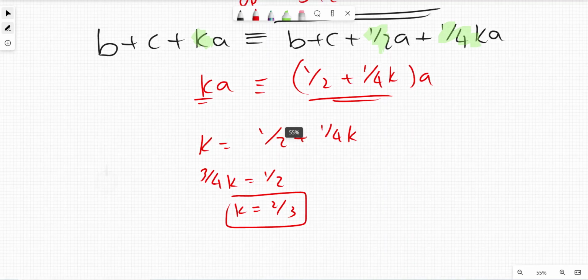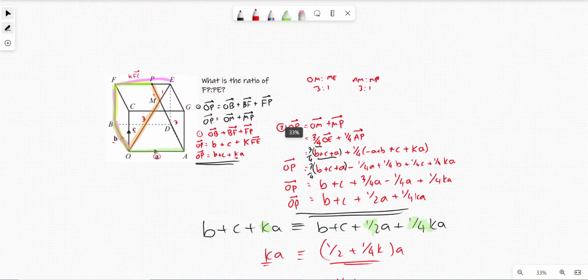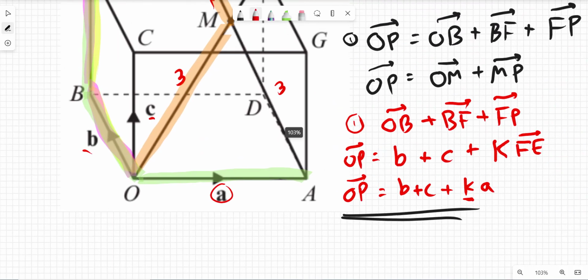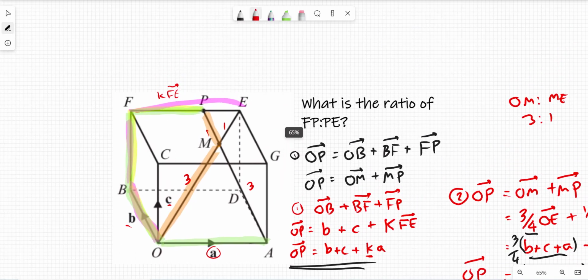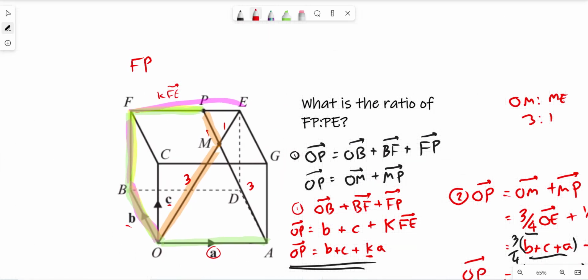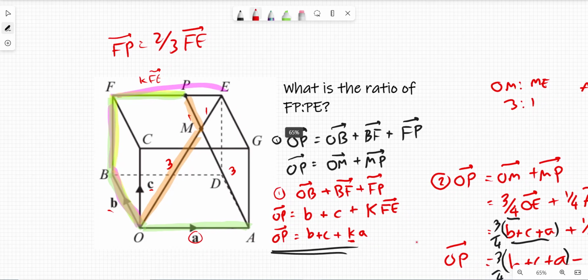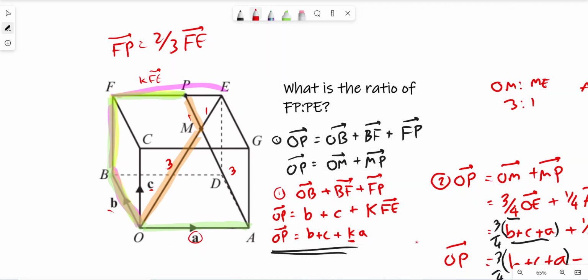And actually, that solves our question all the way at the beginning, because we now know, if we zoom in here, that FP is 2/3 of FE, which means that the ratio FP to PE, if it's 2/3, has to be 2 to 1, because it's 2/3 of the whole journey. So the ratio of FP to PE is 2 to 1.